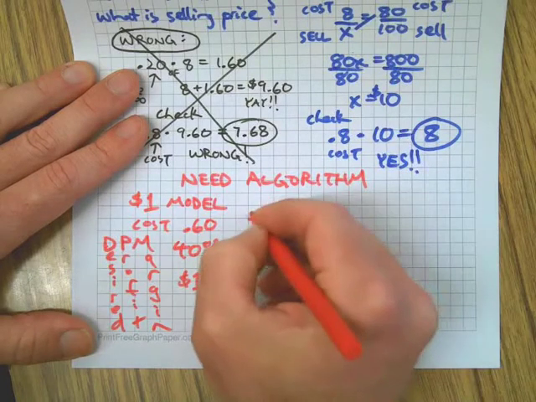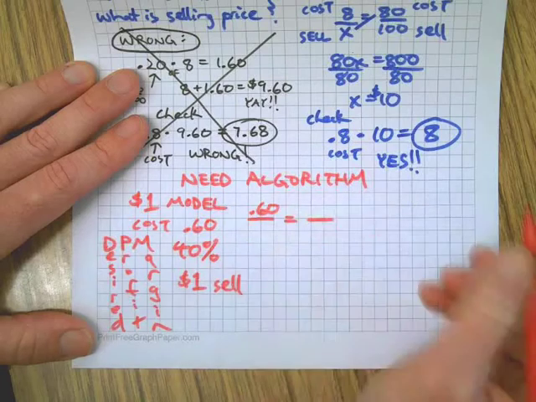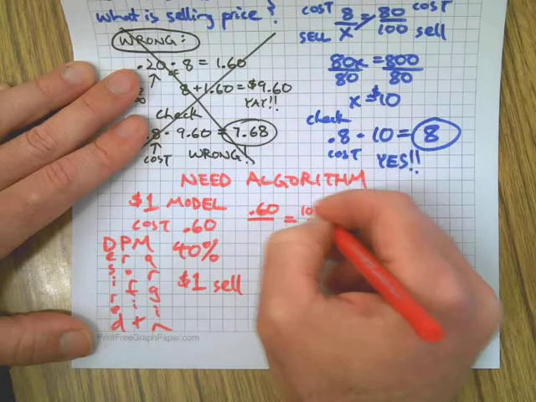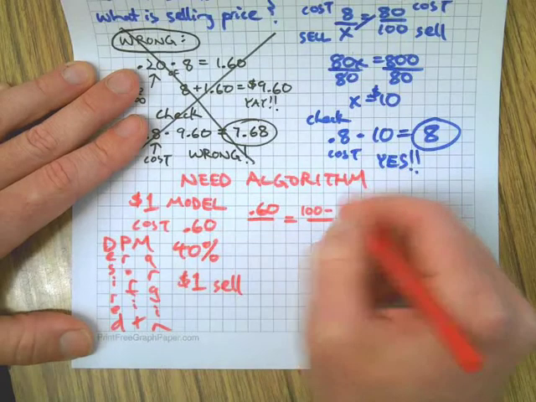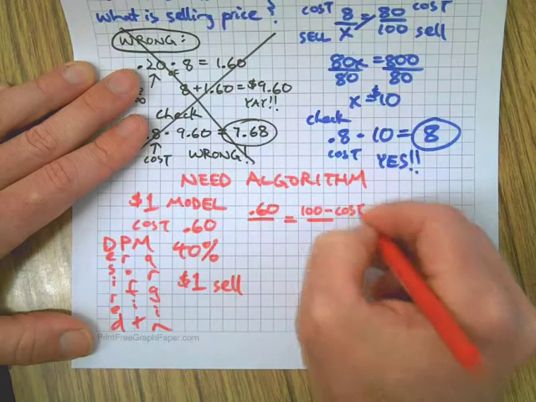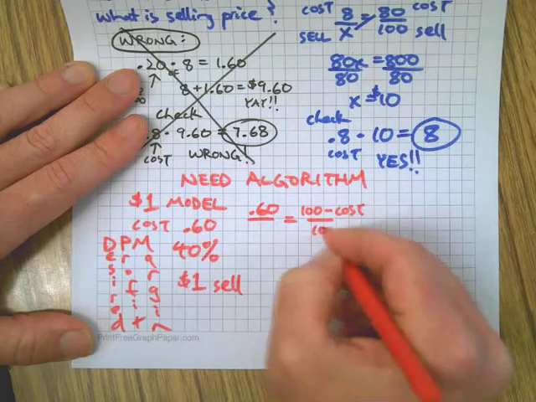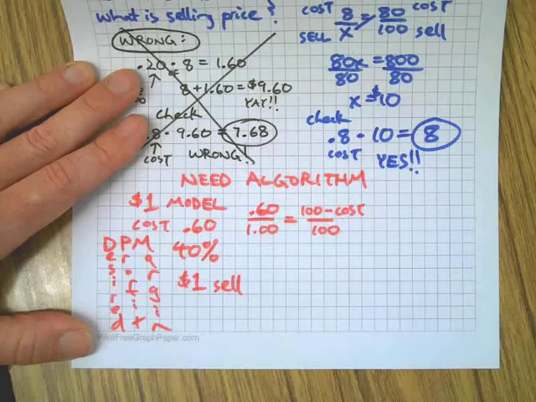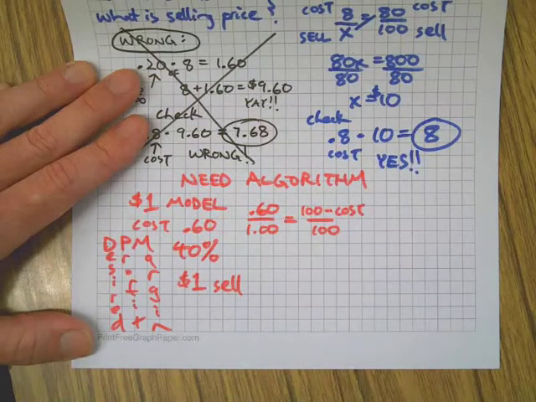Okay, well, I could put my cost here, and I could put 100 minus my cost here, and I put my selling price here.